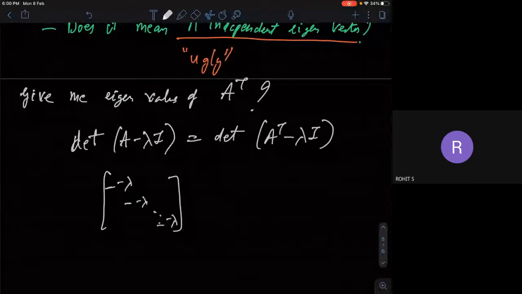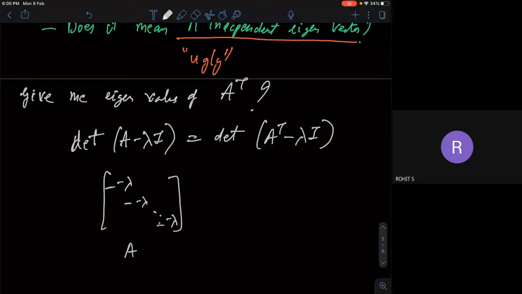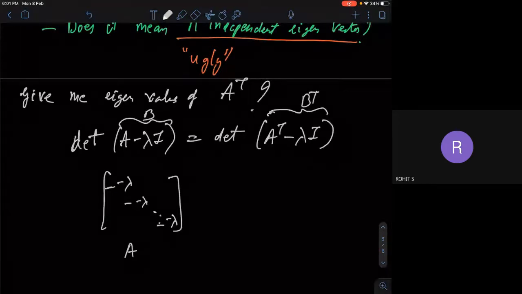This is my A, and A transpose minus lambda I, call it B, turns out to be the transpose of A minus lambda I, because only the diagonal entries have this minus lambda.